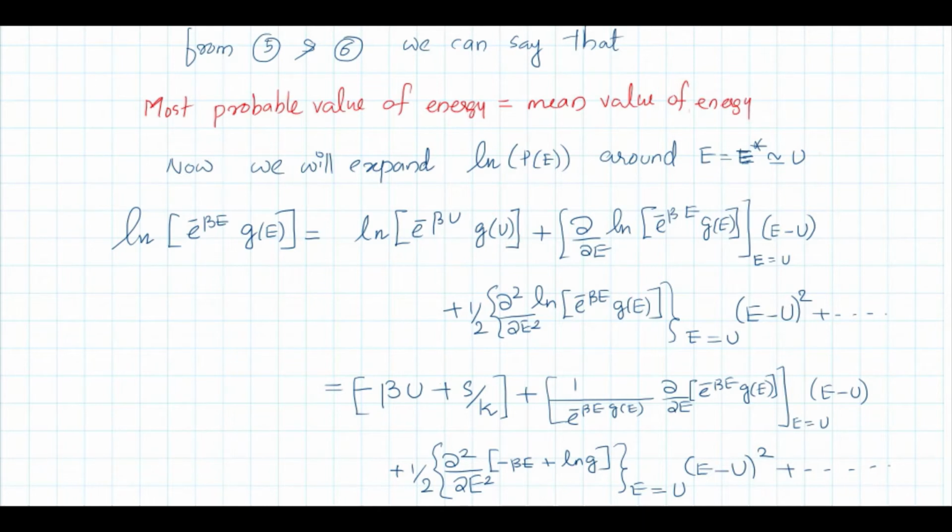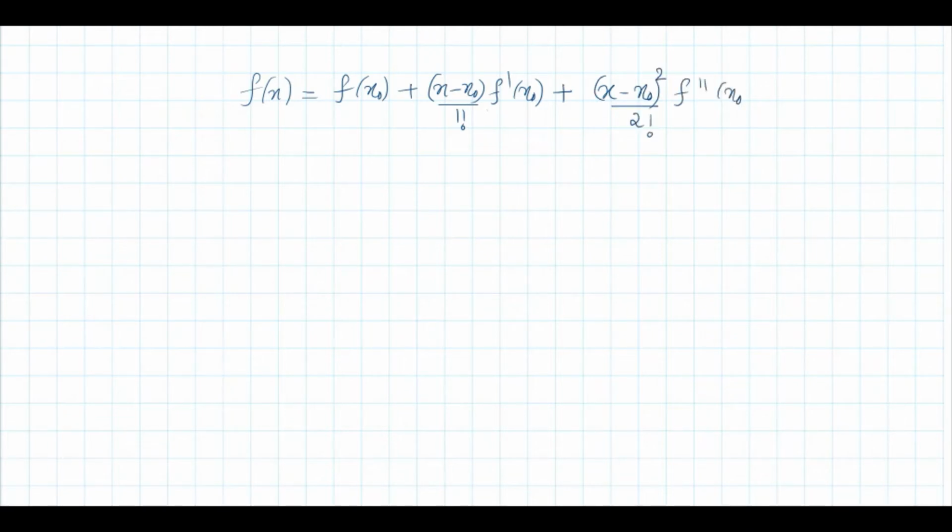If you expand f of x as a Taylor expansion around x equal to x naught, it is f of x naught plus (x minus x naught)/1 factorial times f prime of x naught, where f prime of x naught is the first derivative of the function evaluated at x equal to x naught. Then the second term is (x minus x naught) squared divided by 2 factorial times f double prime of x naught, plus etc.